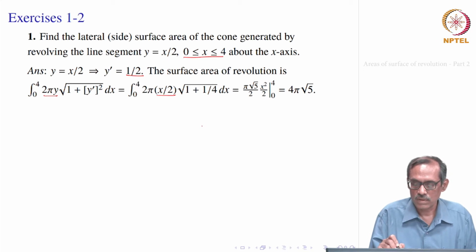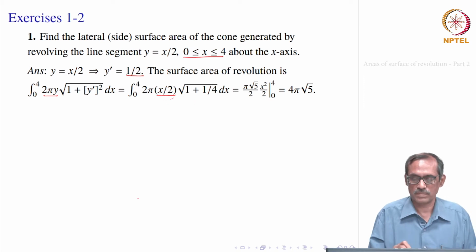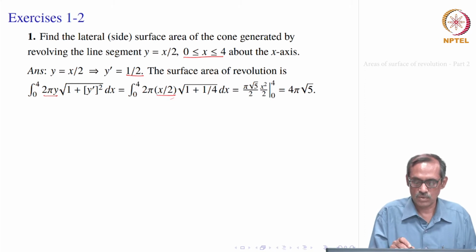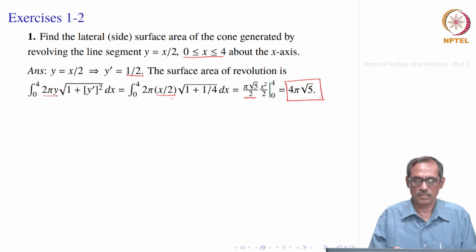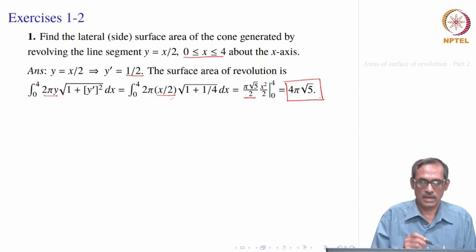That gives, the 2 gets cancelled, we have pi, and this is a number, root 5 by 2, times x. The integral of x is x squared by 2, to be evaluated at 0 and 4, and that simplifies to 4 pi times root 5. Fine.